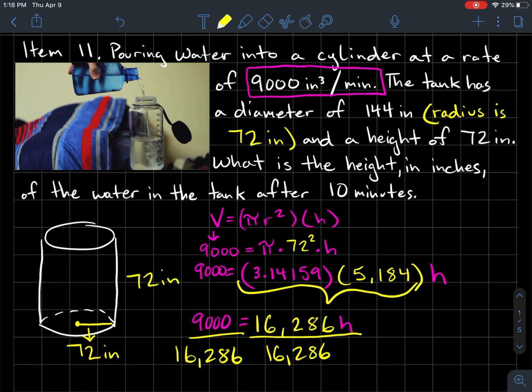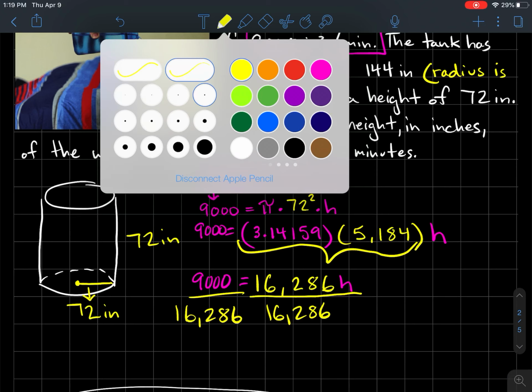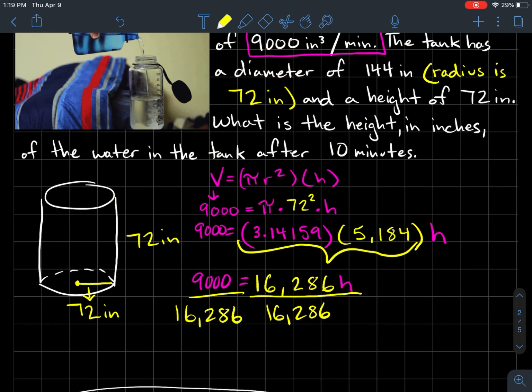And when we do that, we get 9,000 divided by 16,286. We get 0.55. So all of this is equal to 0.55. And that's going to equal the height.